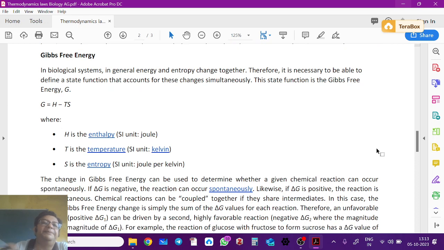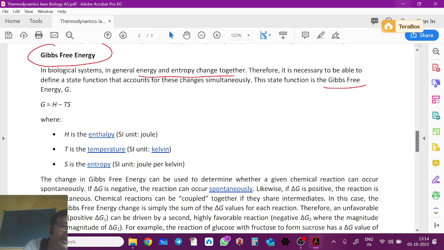Now we go to Gibbs free energy. Energy and entropy change together. Higher energy, more entropy. When you boil water, it bubbles, okay? So you don't have to look at this derivation. If you are interested, I can give you the derivation. But the formula is G equals H minus TS.